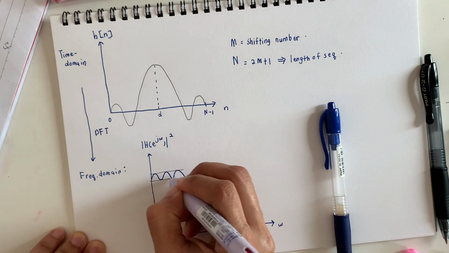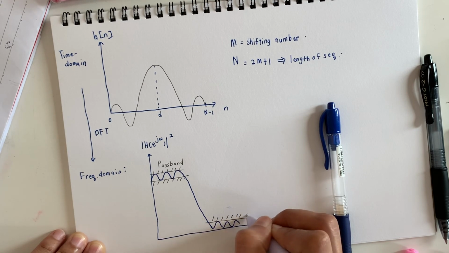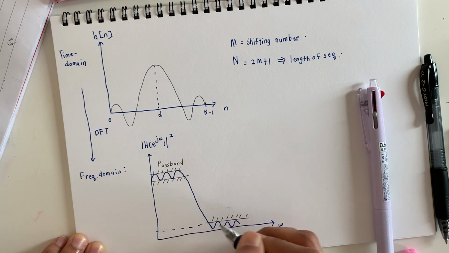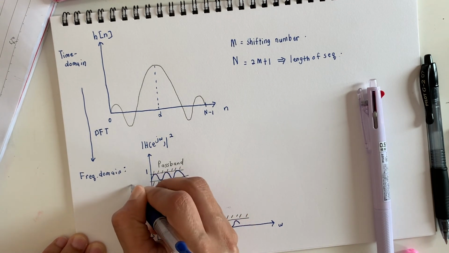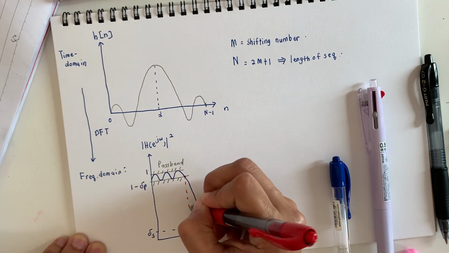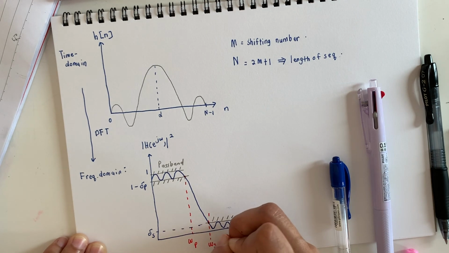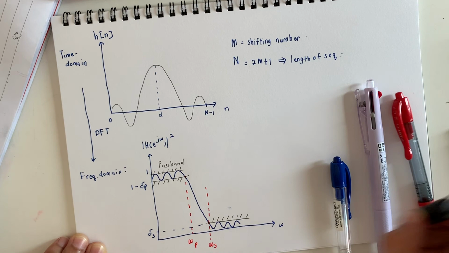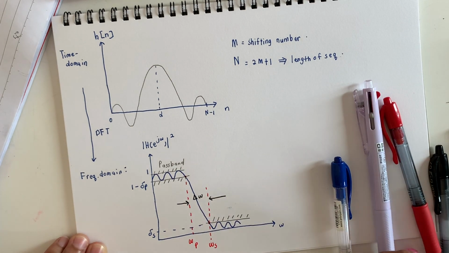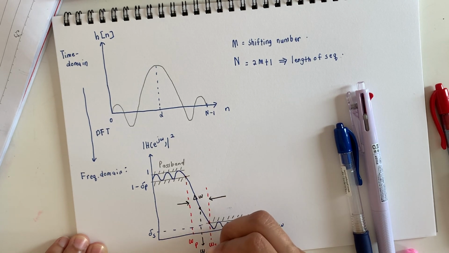Here is our passband, and here is our stopband. The values are delta S and 1 minus delta P. Next we have our omega P and our omega S. From here we can also determine our delta omega, and the cut-off frequency.